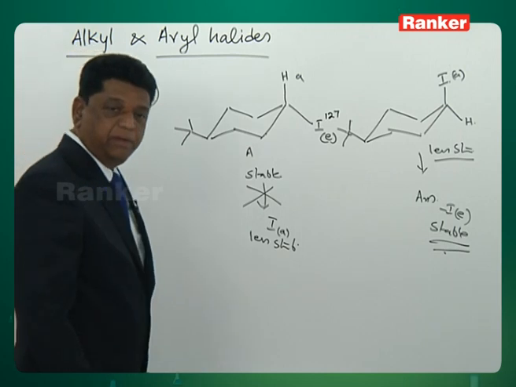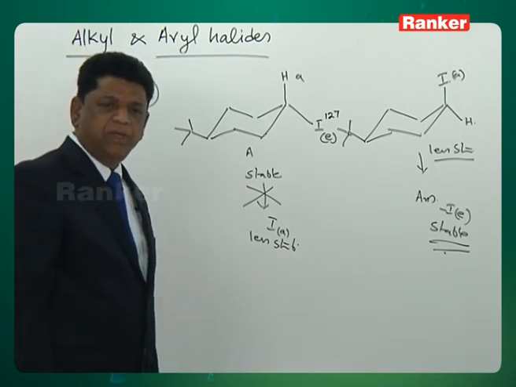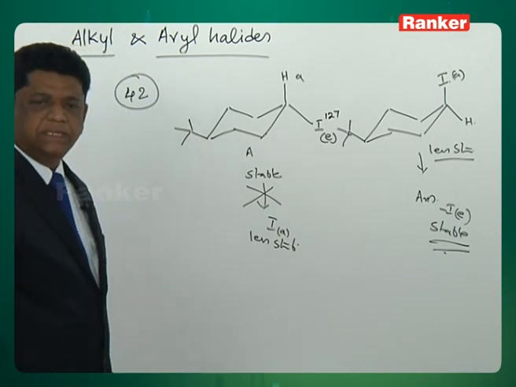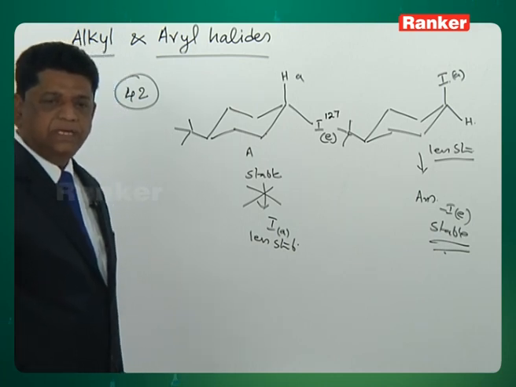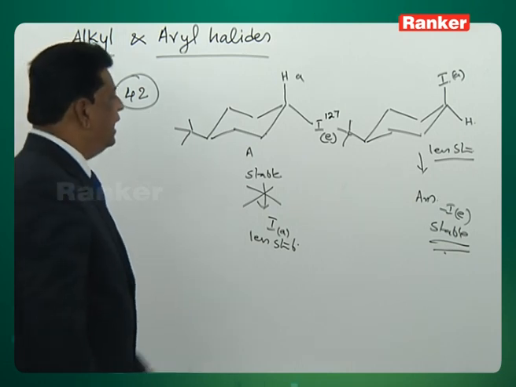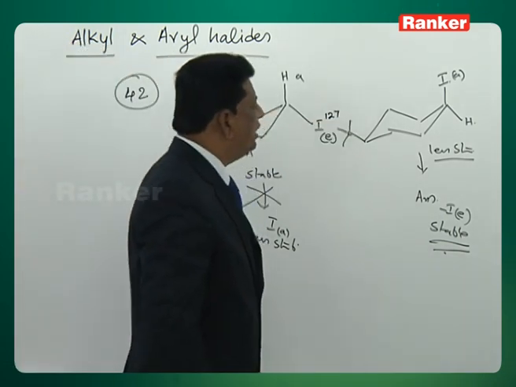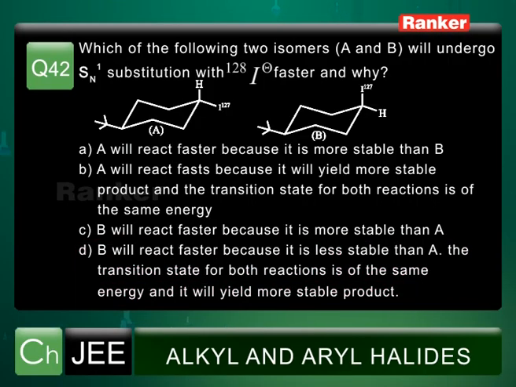Option D says B will react faster because it is less stable than A. The transition state for both reactions is of course the same energy, and it will yield the more stable product, that is, axial converted to equatorial is the more stable product. So answer D will be the right answer.